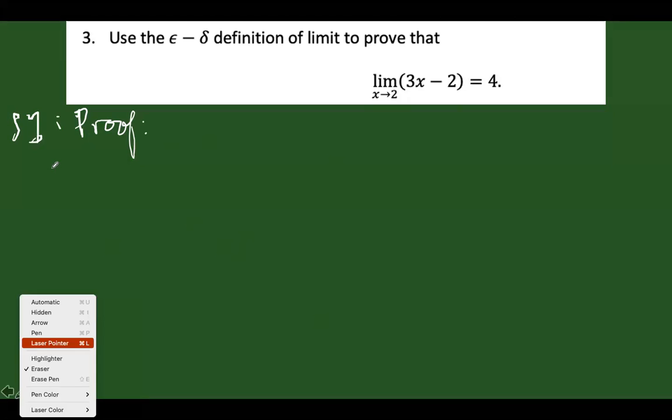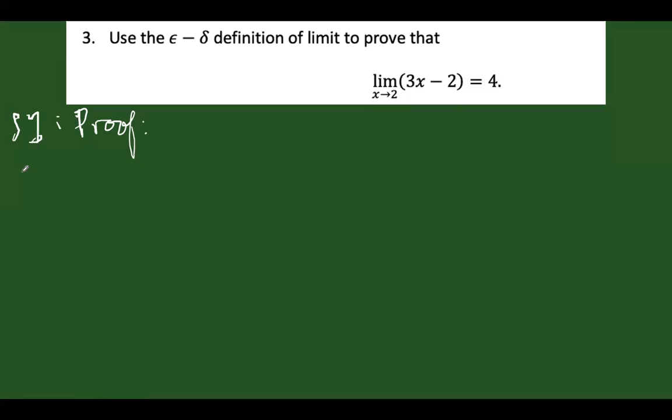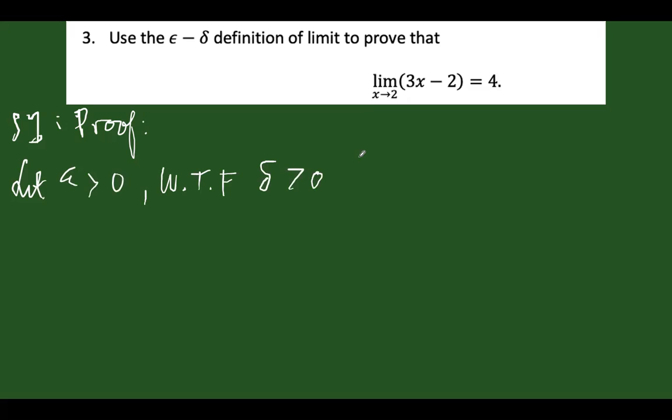We're going to let epsilon be greater than 0. Then we want to find the value of delta, which is greater than 0, such that by definition, the absolute value of x minus 2 is less than delta but greater than 0.